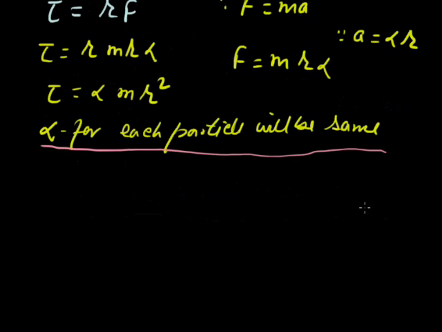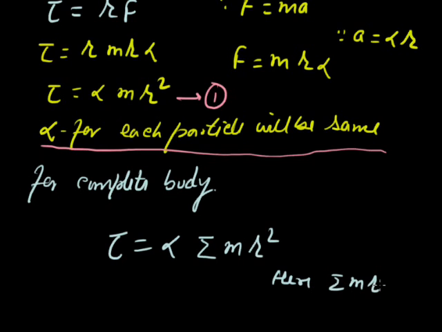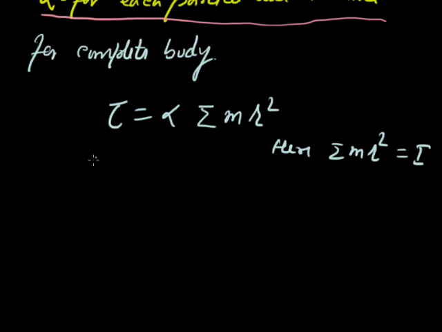So if we want to write this relation for the complete body, tau will be, alpha is same. It is different for different particles, so we can also write sigma m r square. Here sigma m r square is moment of inertia I, or we can also write tau will be I alpha.